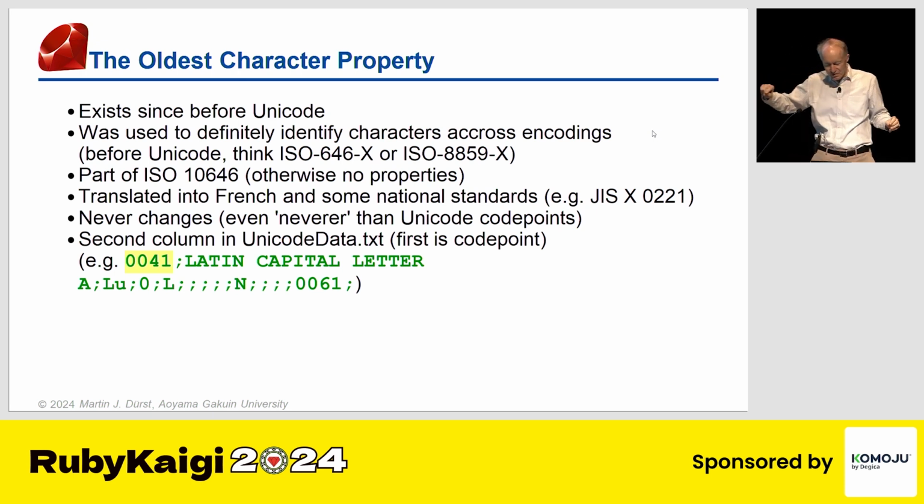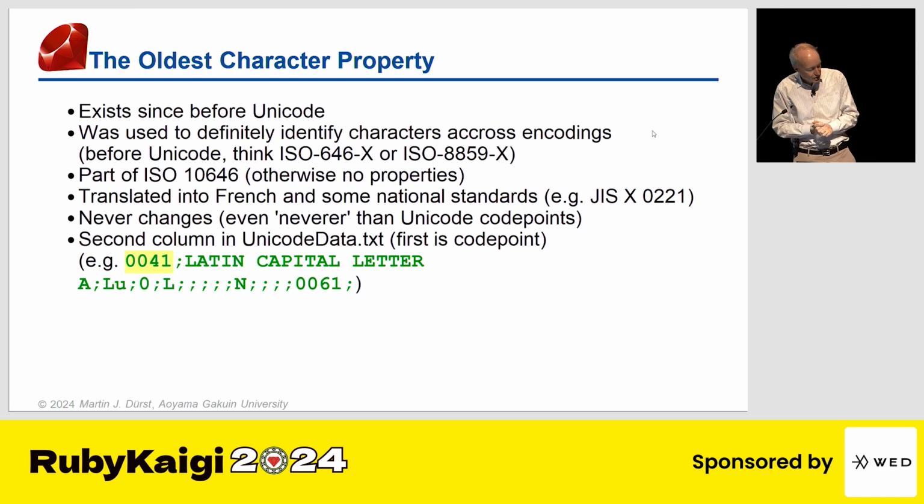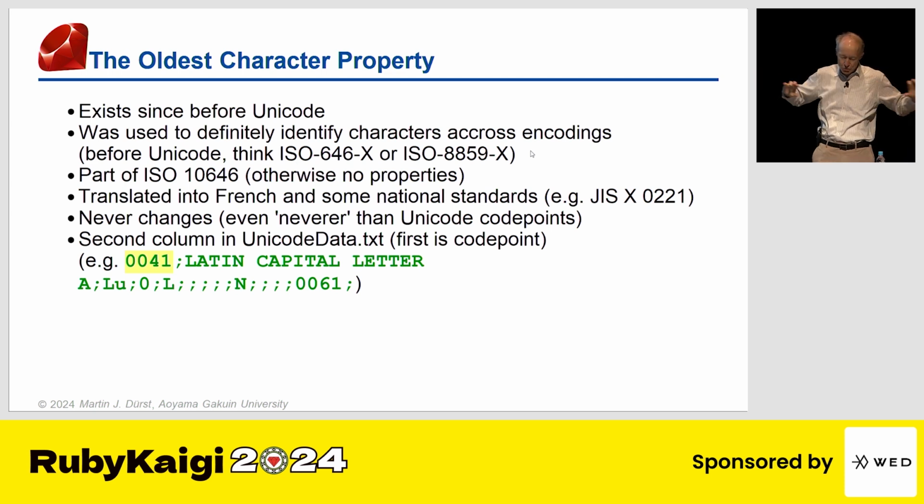When we had ISO 646 in Europe, where instead of curly braces and so on, the Germans had their umlauts and the French had the accents, or then later in ISO 8859, the name was used to say this is this character.